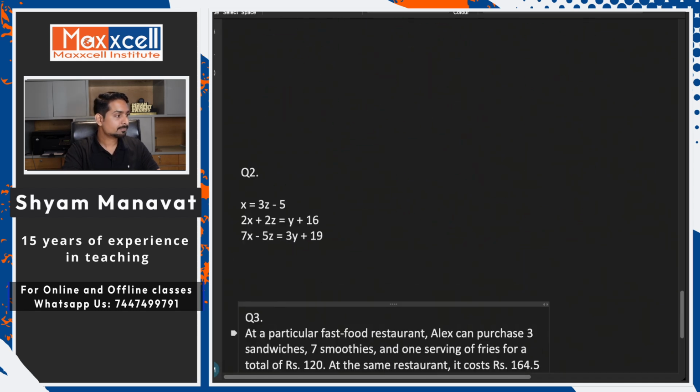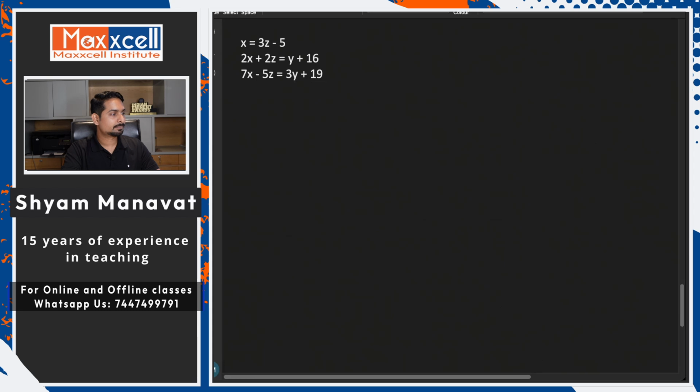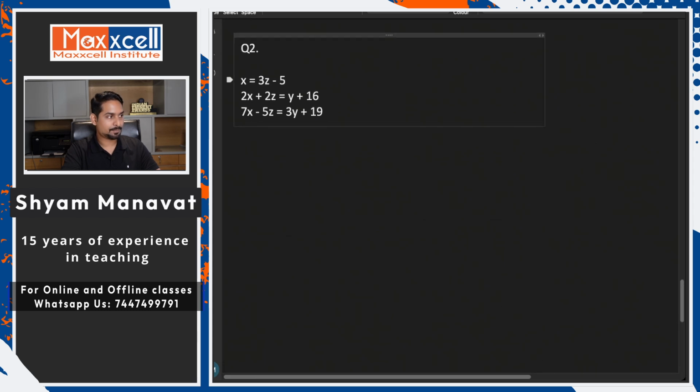Okay, I am leaving this easy question with you as homework. You need to write in the comment box what is the answer. It's pretty easy. Let me give you a hint. As I said, you can use either one of the methods, elimination or substitution. You will get the same answer. In this question you can see x is equal to 3z minus 5.